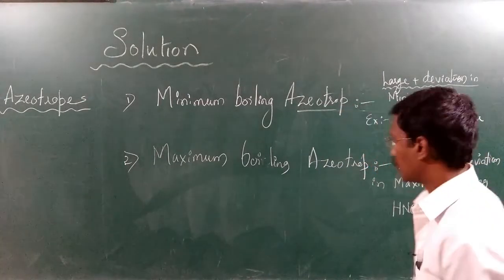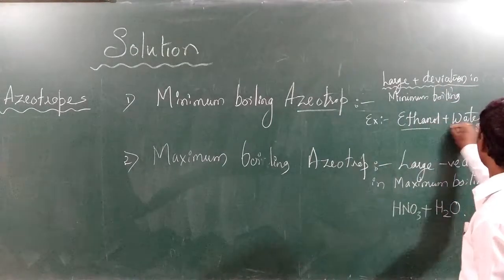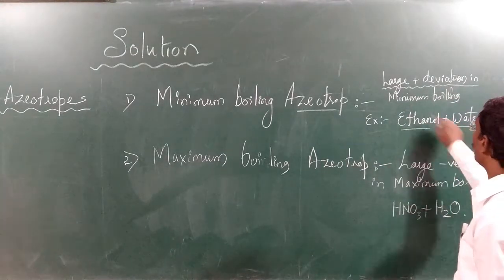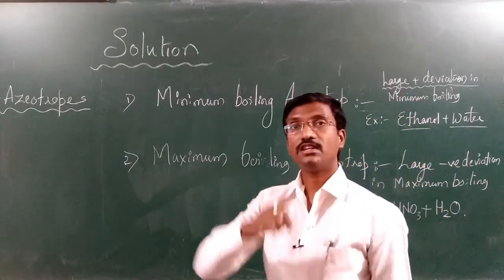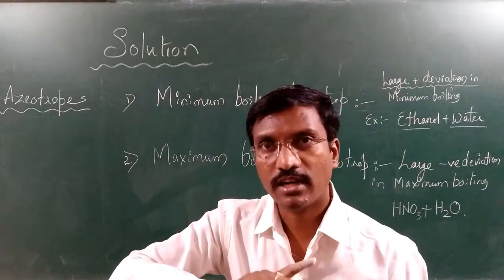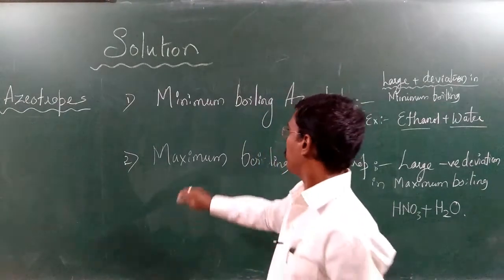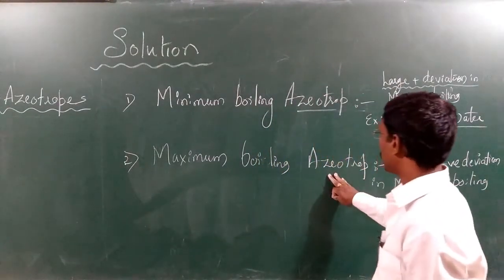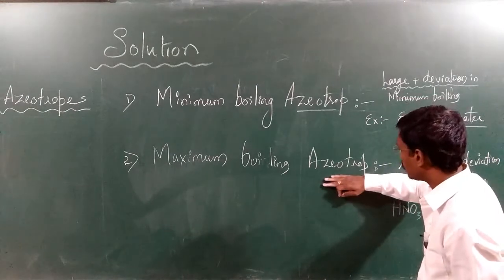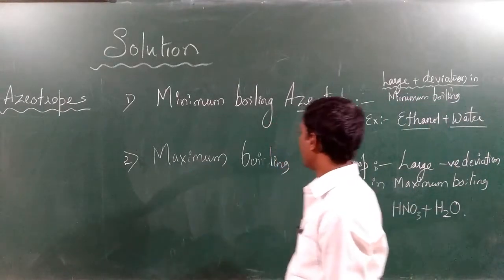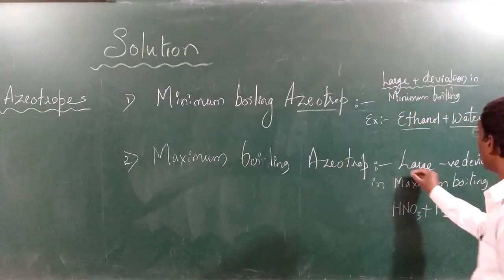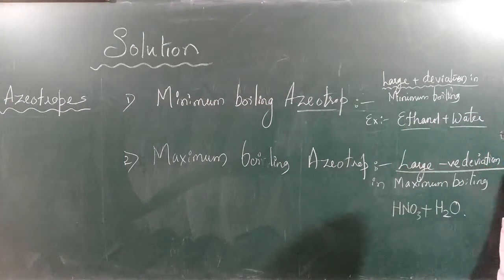The example of a minimum boiling azeotrope is ethanol and water. This mixture boils at a lower temperature and shows a larger positive deviation. Are you getting this point? Similarly, maximum boiling azeotropes contain two solutions that, when boiled at a higher temperature, undergo a larger negative deviation.